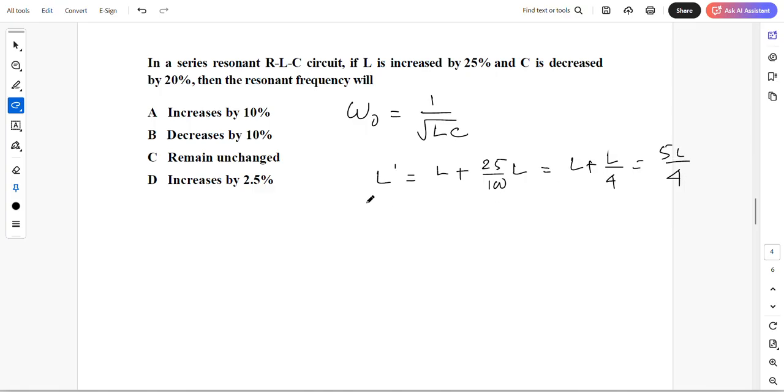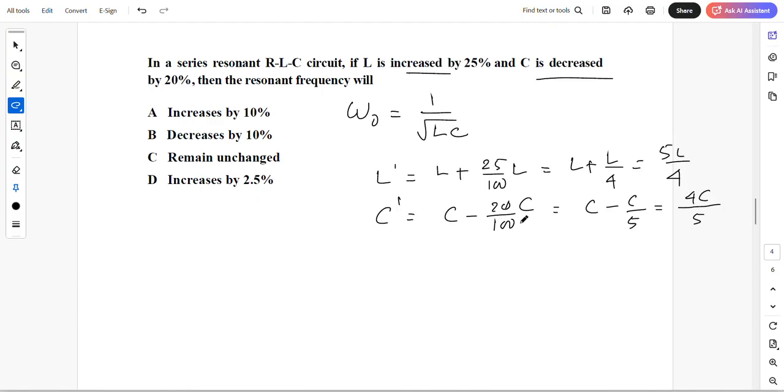Now again, C is decreased. Increase means plus, so for decrease you have to write minus. C is decreased by 20%, C minus 20 by 100 into C, that is C minus C by 5.